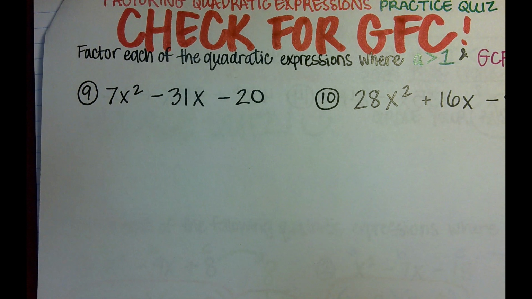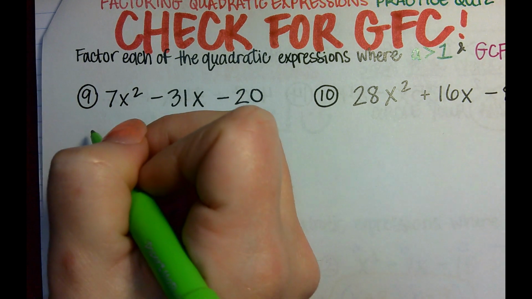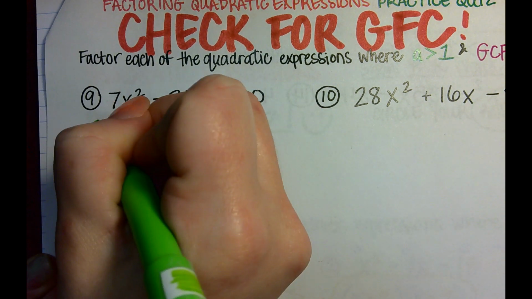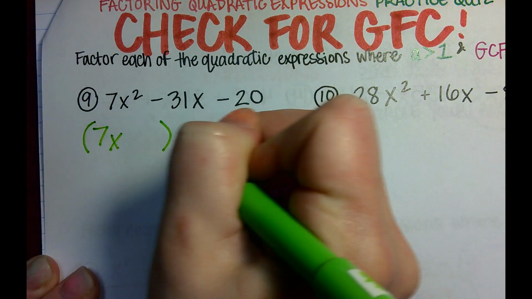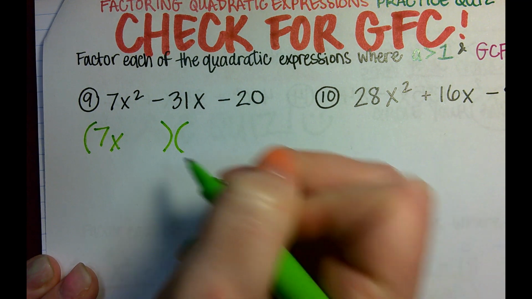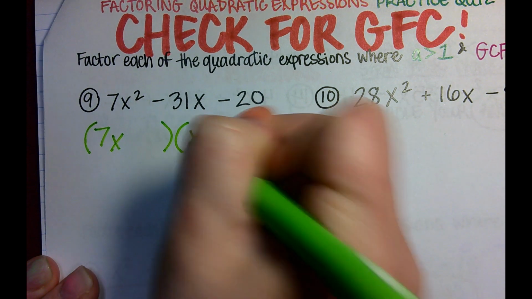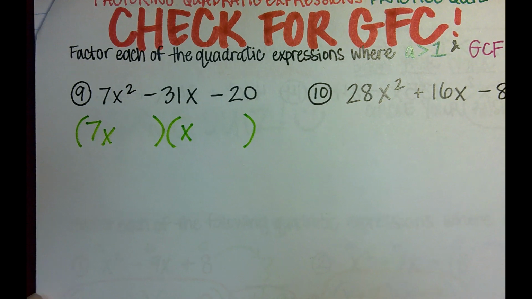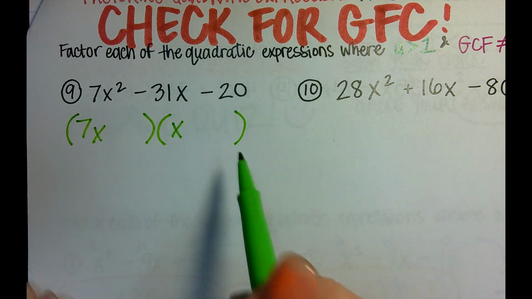So, instead of x and x, what will we have? 7x. Good. 7x and what? And x. Perfect. So we have 7x and x.